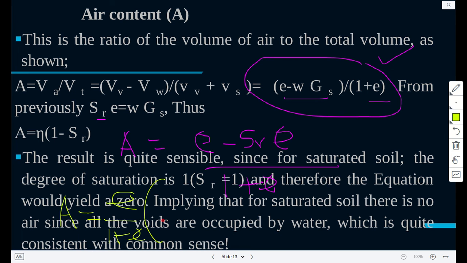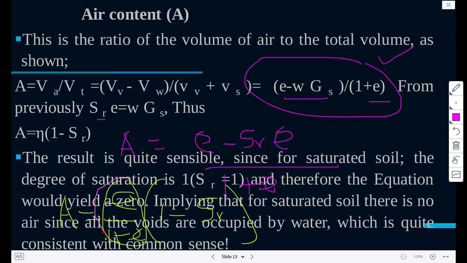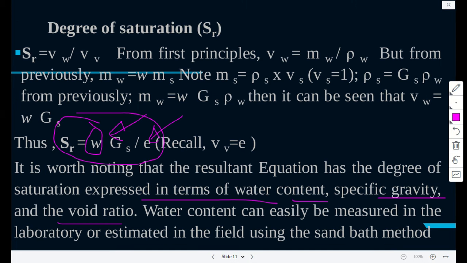E into 1 minus SR. Good. What is this? What is that? That is porosity. Are you sure now?